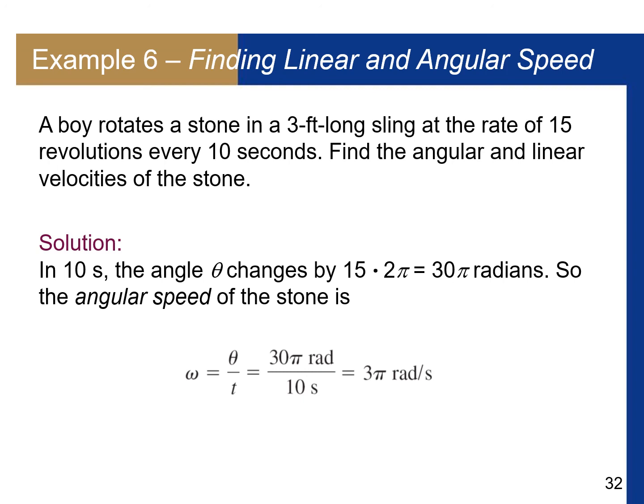So the angular speed of the stone is theta over t, which is 30 pi radians over 10 seconds, and you will get 3 pi radians per second. Now, this unit is very important because this is your unit of measure, just like your slope. It's a rate.